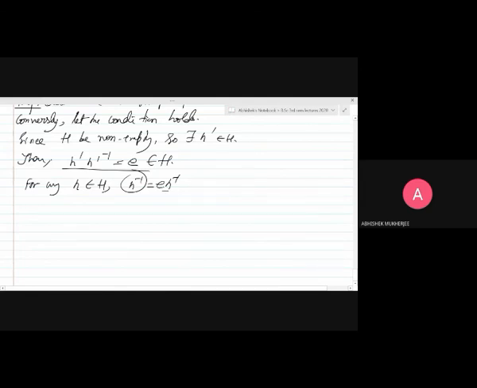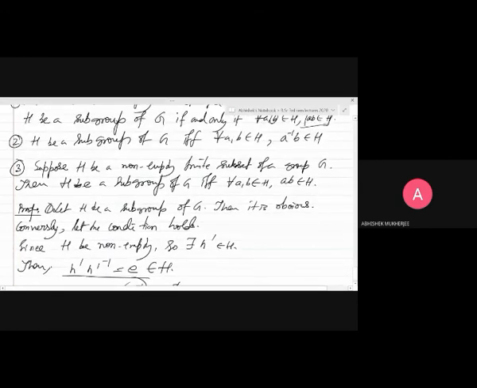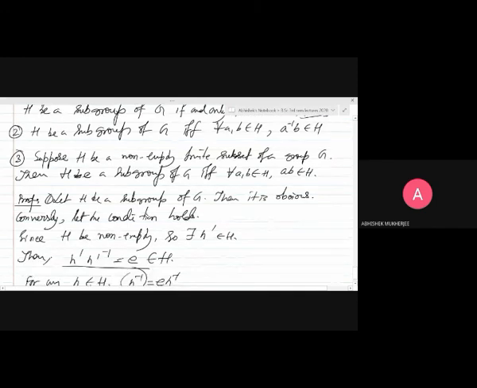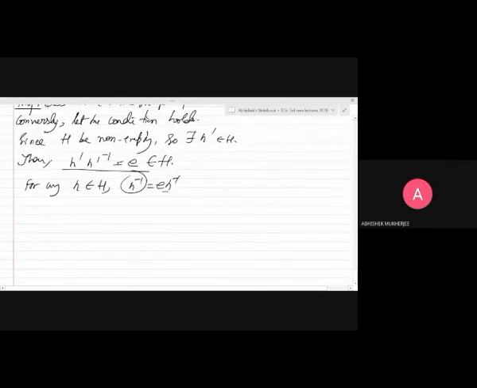So by the condition that if a and b in H, a b inverse belongs to H, you have assumed that e belongs to H, right? So then e h inverse belongs to H.